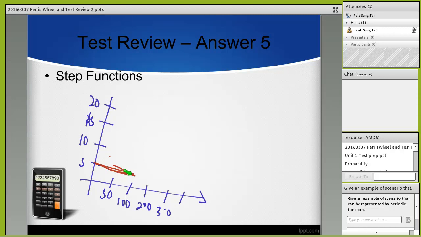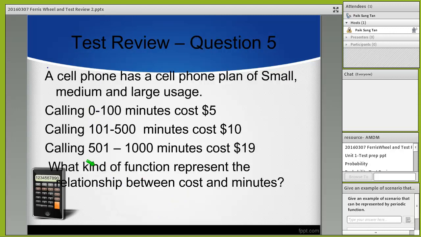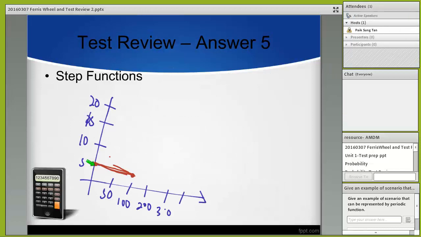It's an inclusive circle because at 100 minutes, you will be paying $5. And then 101 to 500 minutes, $400.